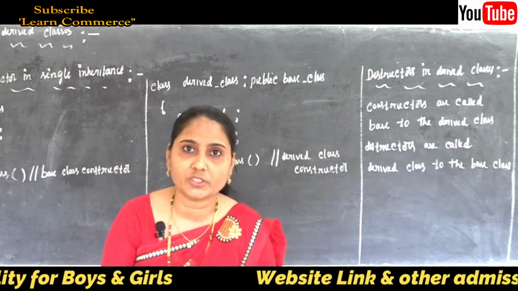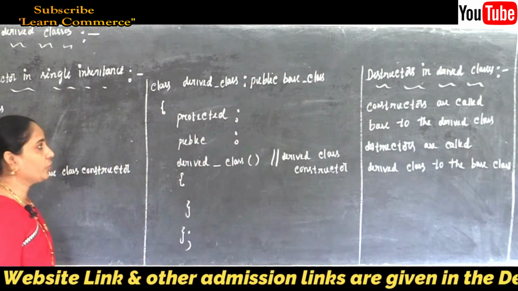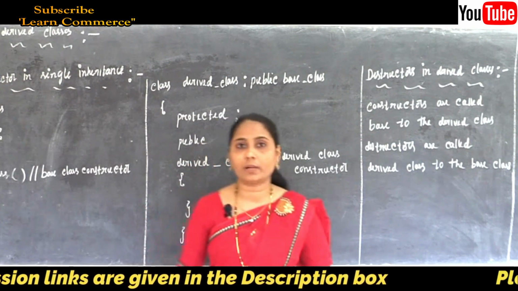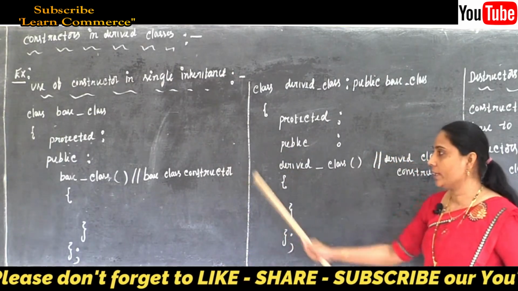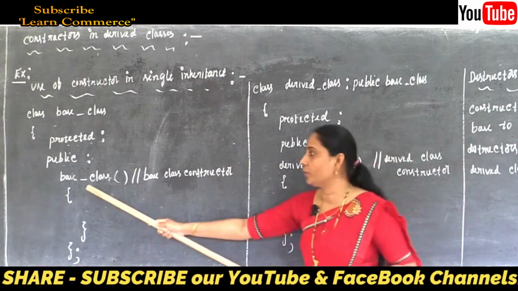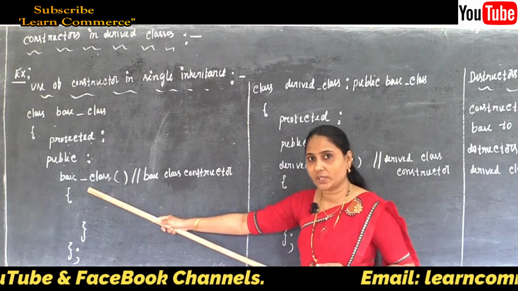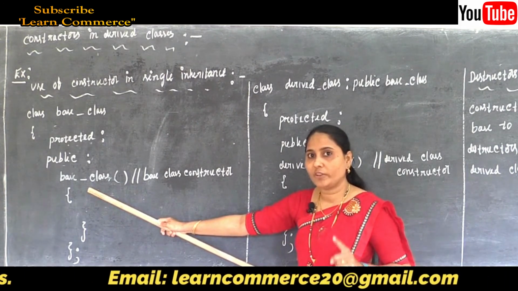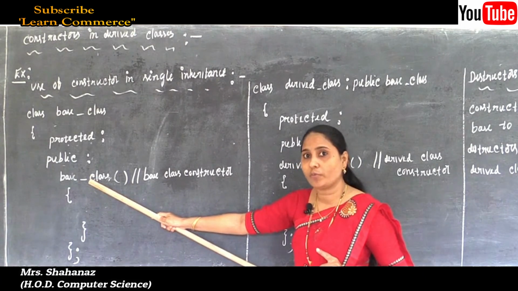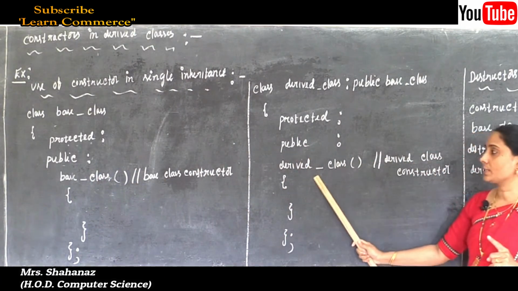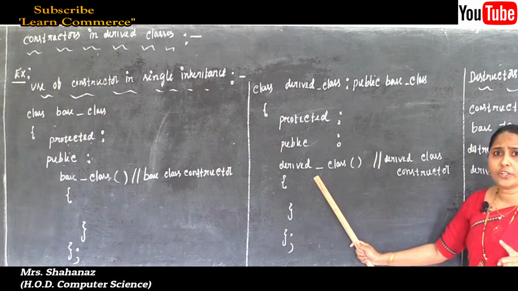Clear this point? So again I want to tell about the destructor in derived class. Because we already know the derived class passes arguments to the base class constructors, when you call, the base class constructor is called first, then the derived class constructor is called here.